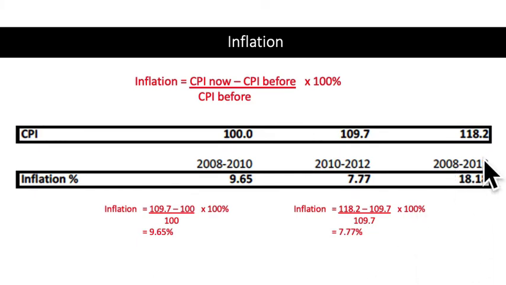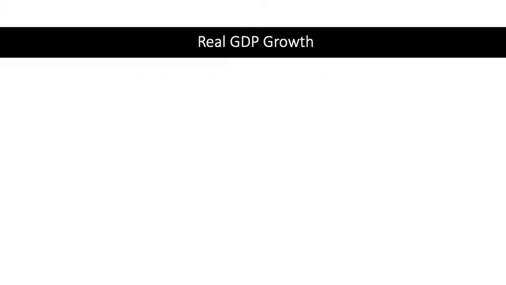And again, you can do the same procedure for 2008 to 2012, but it's just repetitive, so you can do that on your own to make sure you can get the right pieces of data. And so that's how you calculate inflation.